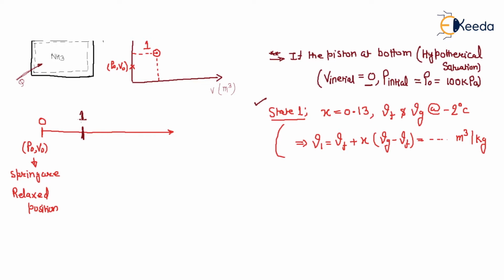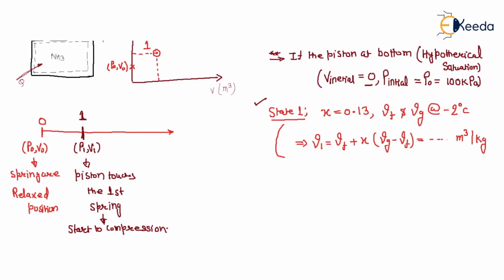What is point one? Point one is P1 and V1. At this point, the piston touches the first spring and starts to compress it.